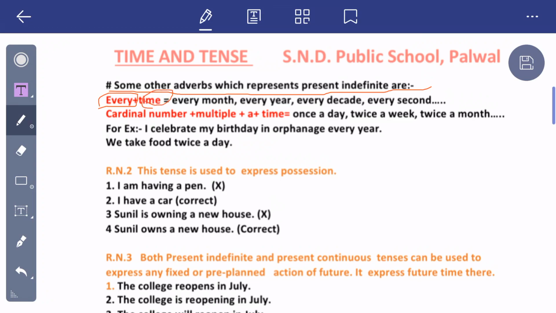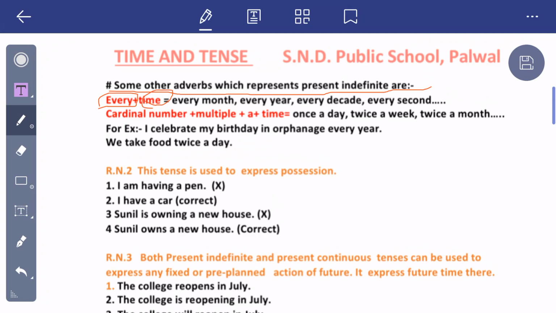If you are given with every any type of time, such as every month, every year, every decade, every second, every minute, or every week, it is representing any regular or habitual action. We will use present indefinite, that means V1 form.